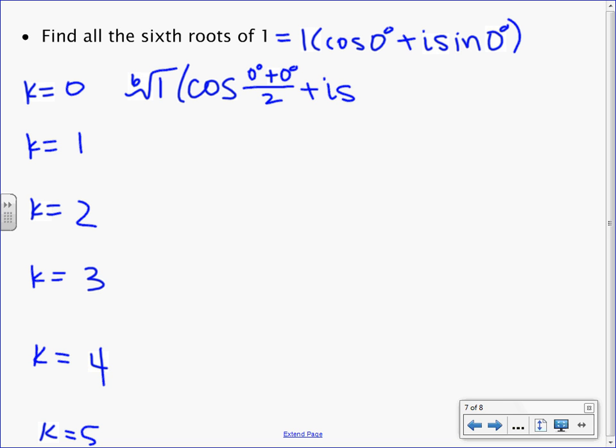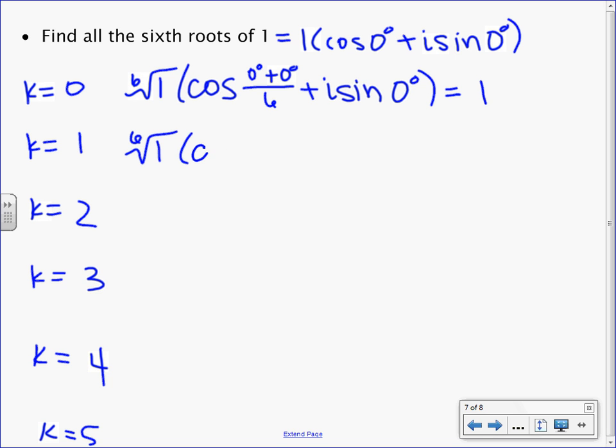So our angle is still 0, isn't it? Thank you. Okay. So we have the cosine of 0 and the sine of 0. So our first sixth root is just 1. Which you guys all knew was going to happen, right? 1 to the 6th power is 1. Okay.